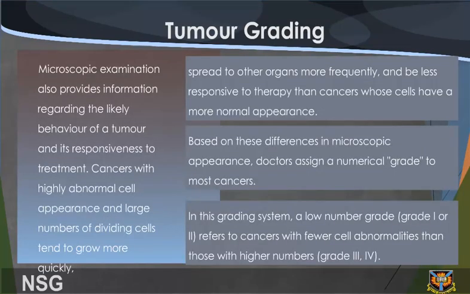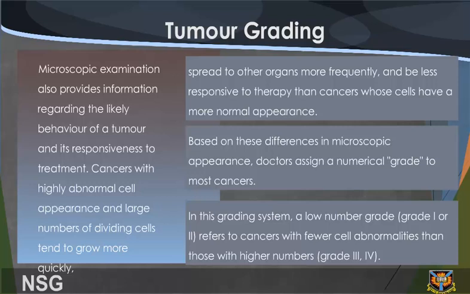Tumor grading. Microscopic examination also provides information regarding the likely behavior of a tumor and its responsiveness to treatment. Cancers with highly abnormal cell appearance and large numbers of dividing cells tend to grow more quickly, spread to other organs more frequently, and be less responsive to therapy than cancers whose cells have a more normal appearance.